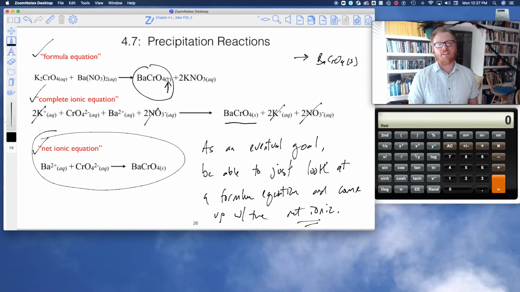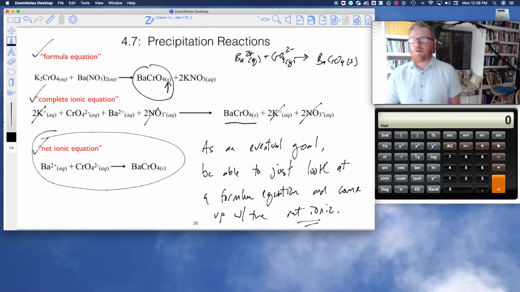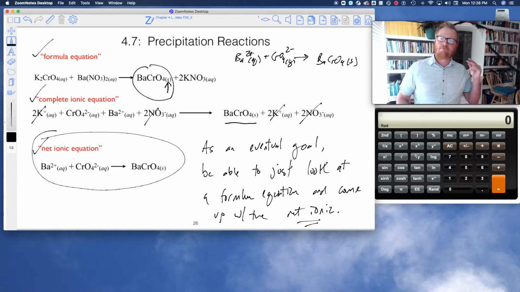So now that means in quickly scanning this formula equation and working backwards, I say, how do I make barium chromate solid? Well, I can make it from a barium 2 plus aqueous and a CrO4 2 minus aqueous, okay? So that's your goal, is to be able to quickly, like that, come up with a net ionic equation.